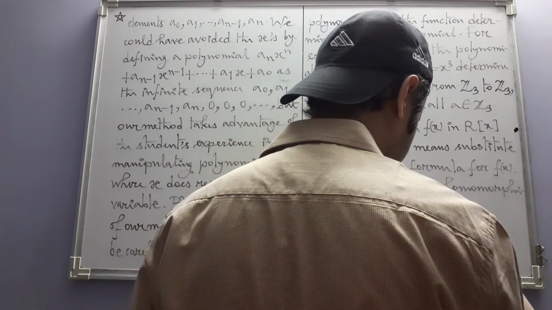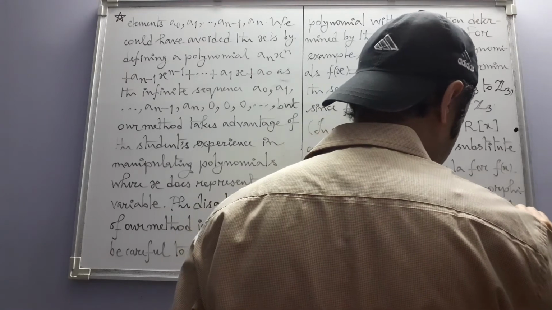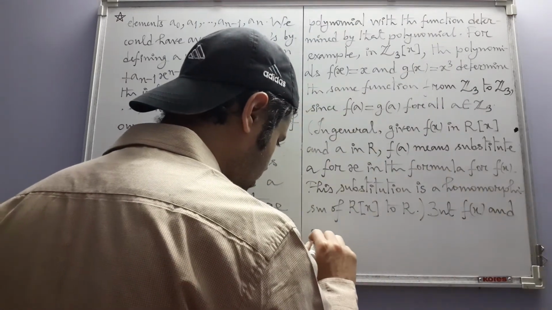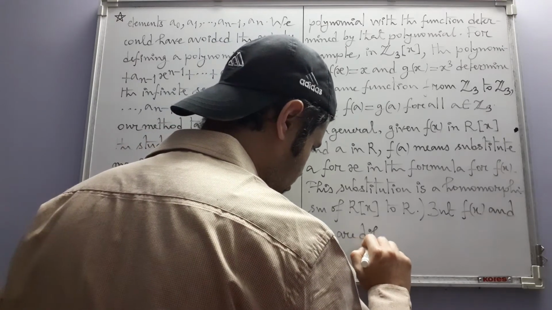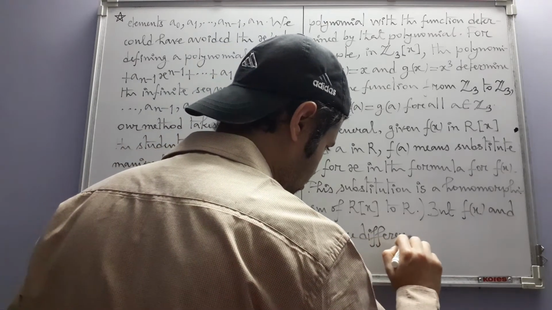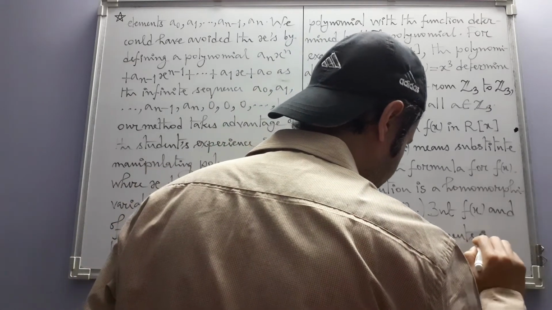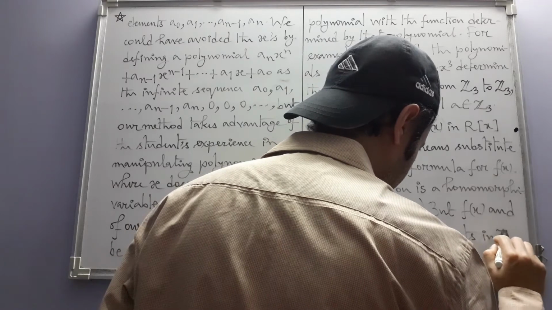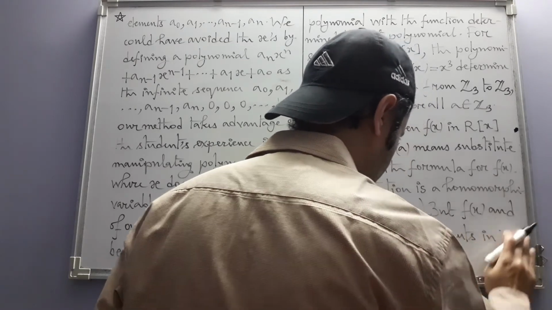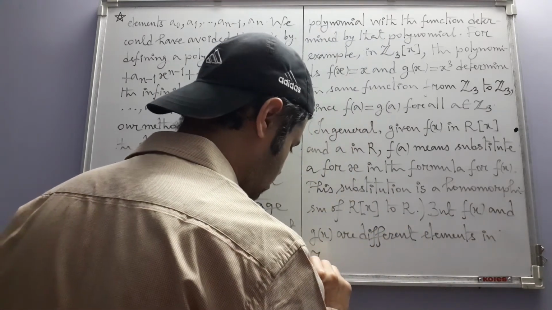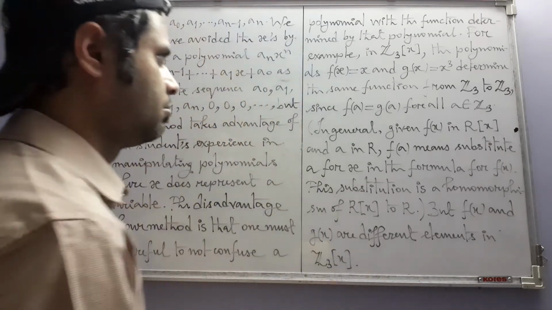But f(x) and g(x) are different elements in Z3[x].